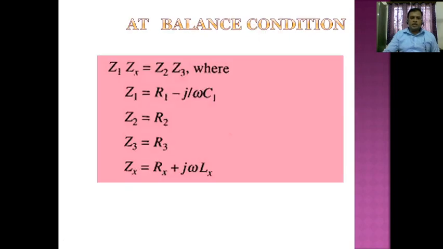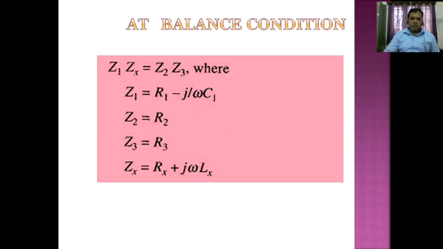That is Z1 Zx is equal to Z2 Z3, where Z1 is equal to R1 minus j by omega C1, Z2 is equal to R2, Z3 is equal to R3, and Zx is equal to Rx plus j omega Lx.